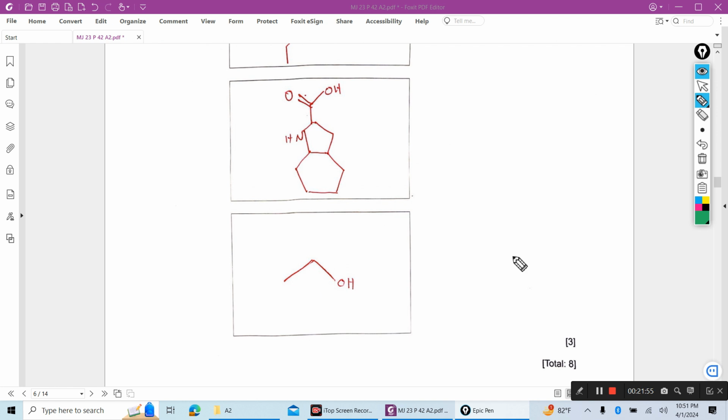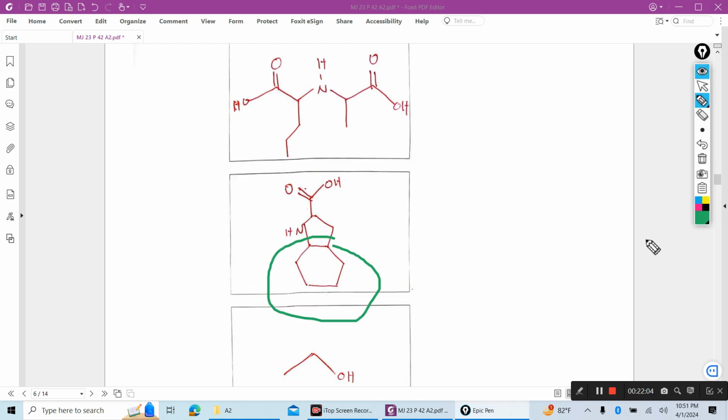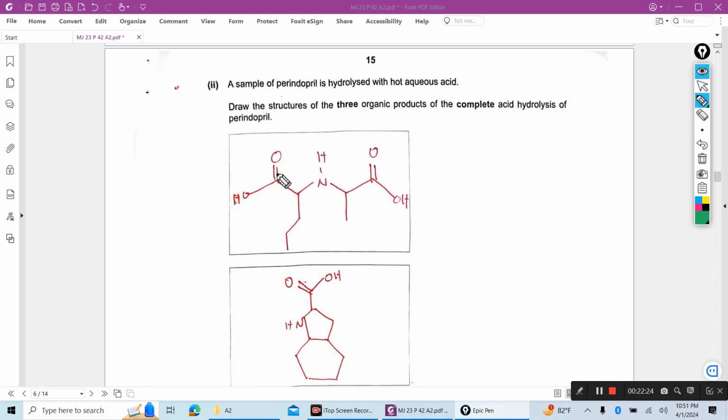Ethanol, CH3CH2OH, is 1 product, and the other product you see this. How? At N, in hydrolysis H will be added, and the remaining COOH. And in the other product, here COOH will be added.